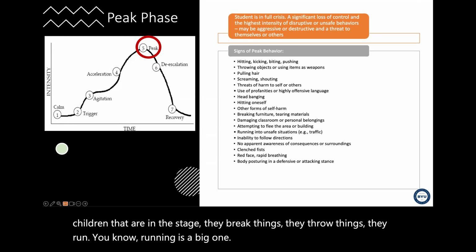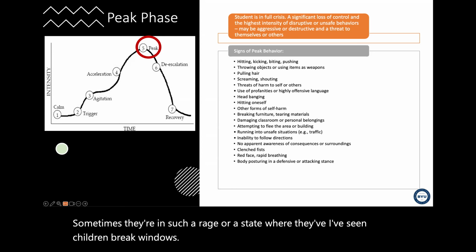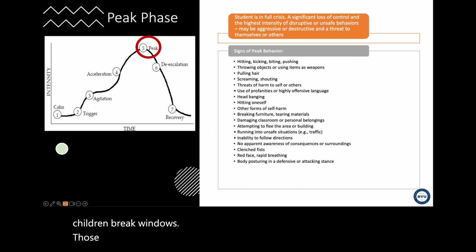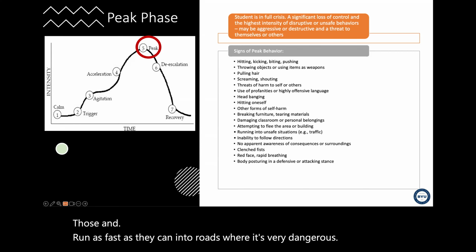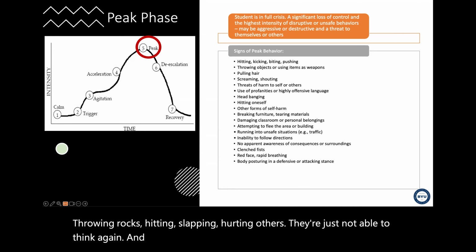Sometimes they're in such a rage or a state where I've seen children break windows and run as fast as they can into roads where it's very dangerous. Throwing rocks, hitting, slapping, hurting others. They're just not able to think again. And so we can't really reason with them a lot when they're in this space.